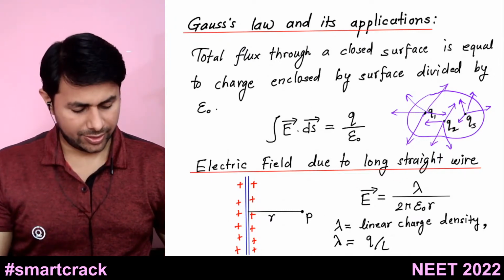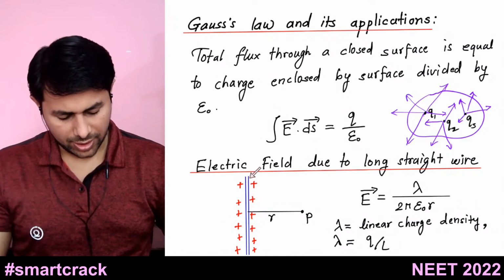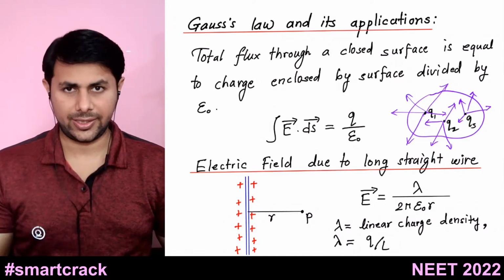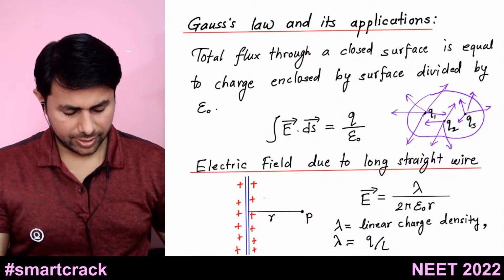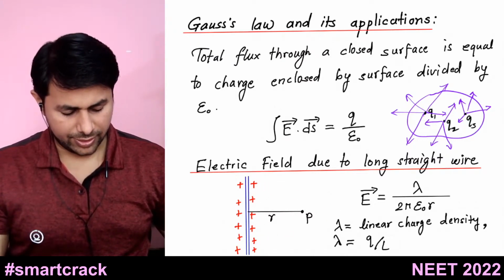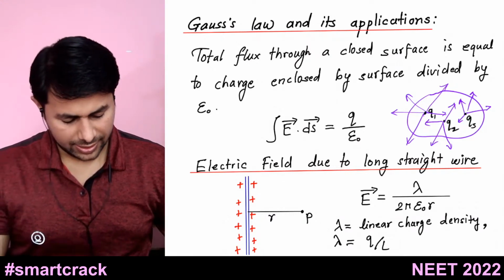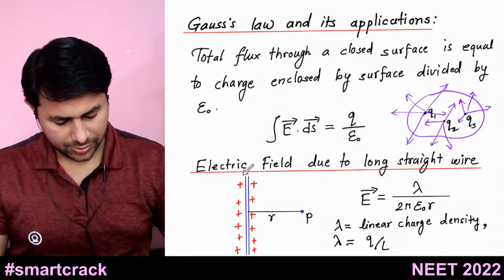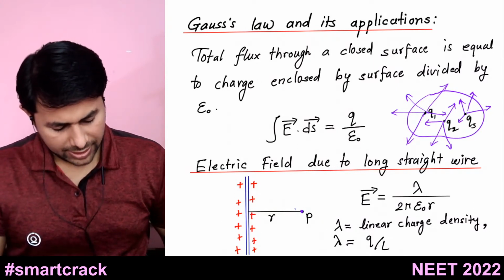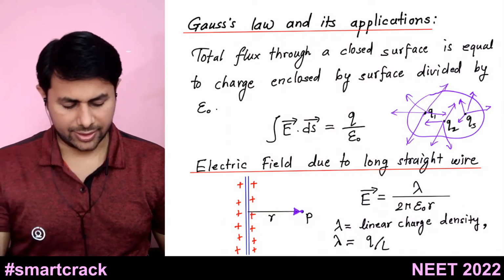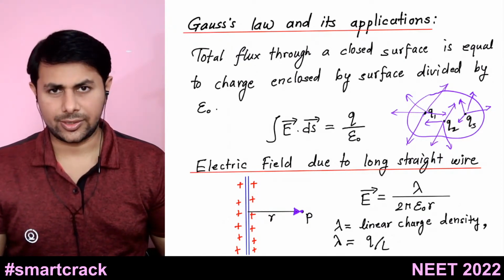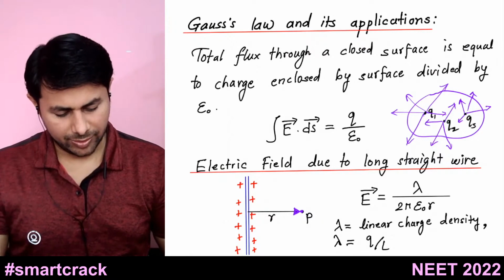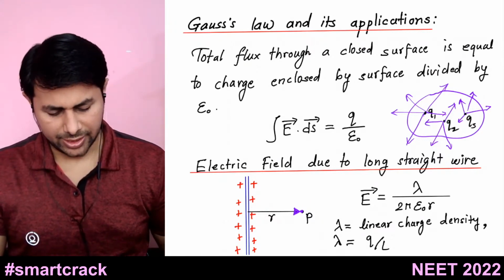The electric field due to this long straight wire, the first thing is direction. It is directed outwards, perpendicular to this wire. Let's say you take this point and you want to find the electric field due to this wire. It is directed like this, towards that point if it is positive charge, and if it is negative charge, it will be directed in the opposite direction.